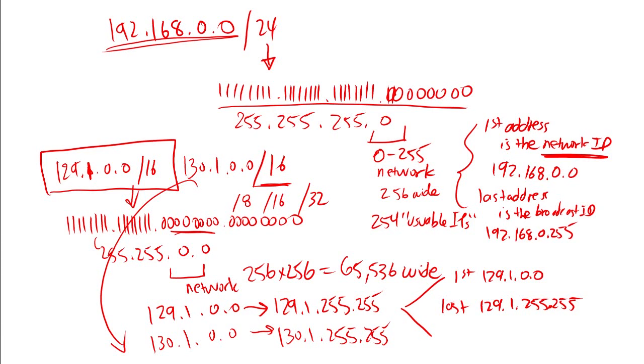When it's all zeros, it's just a 0. And we can figure out the size of the network very quickly. But what happens when we have an address that's, say, /19 or /23? Then what do you do? And that's what we're going to find out next.